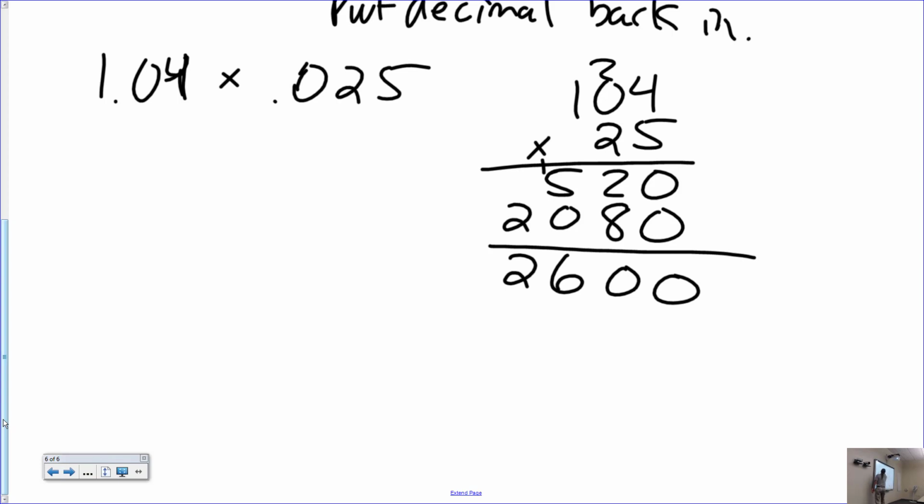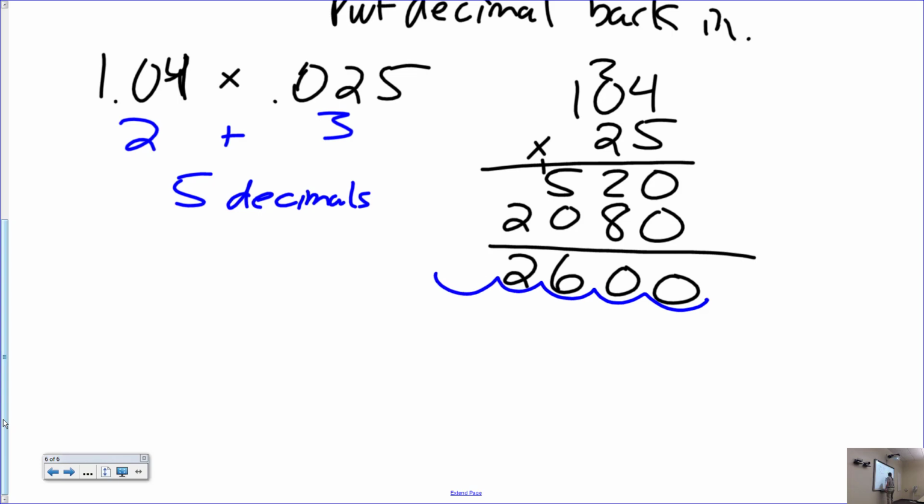So, how many decimals in this number? 2. How many decimals in this number? 3. What's 2 plus 3? 5 decimals. So start at the far right-hand side and hop 5 decimals: 1, 2, 3, 4, 5.